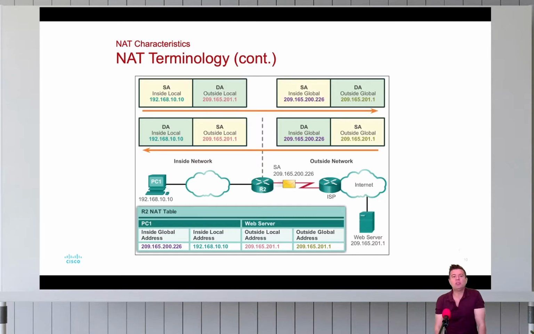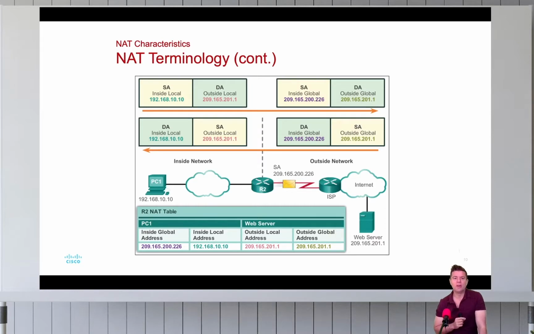Now what we're trying to do is connect to the web server. The web server is somewhere else in the world, doesn't matter where. Point being, it's not in our organization, and it's probably attached to someone's private inside network. Take a look at that. The outside global address of the web server is 209.165.201.1. But notice the local address.